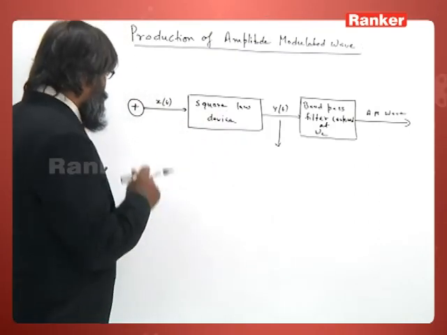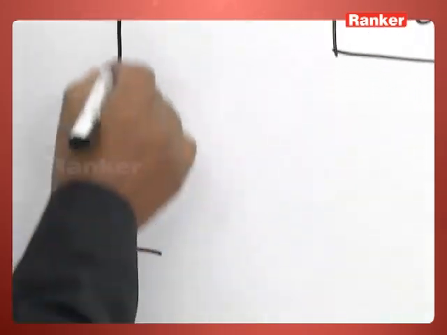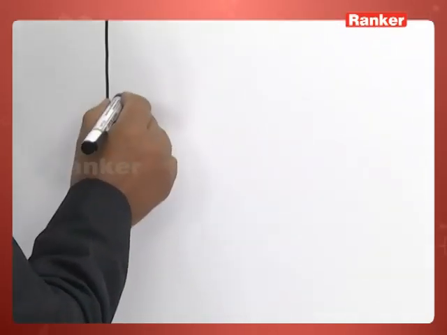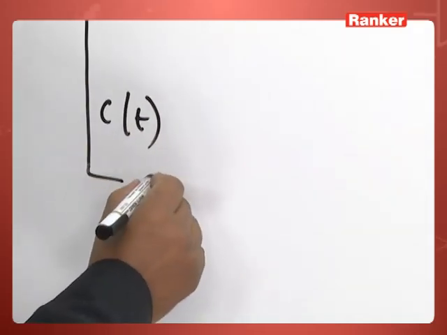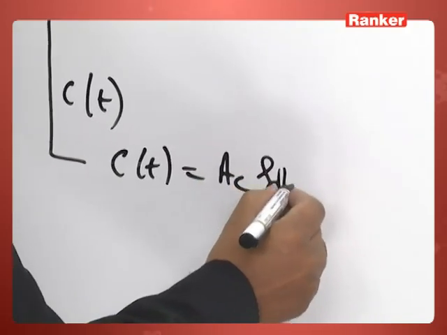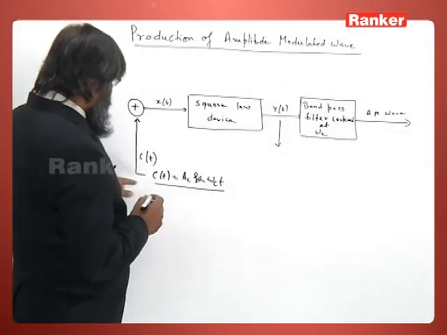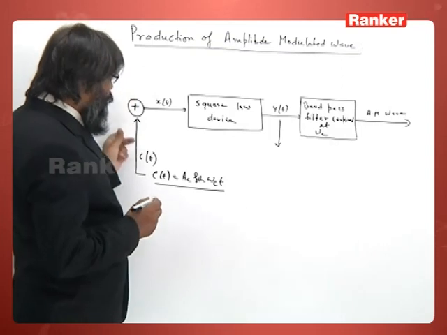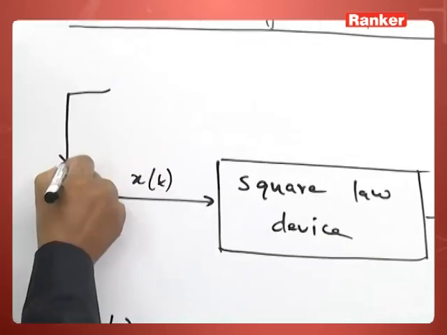First, what we do is we add my carrier wave. This is the carrier wave, c as a function of t, written as c(t) = A_C sin ω_C t. Here I have an adder, where we are going to superimpose this carrier wave with my modulating signal.